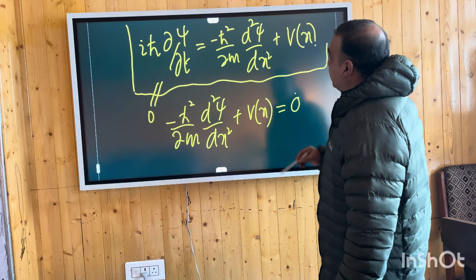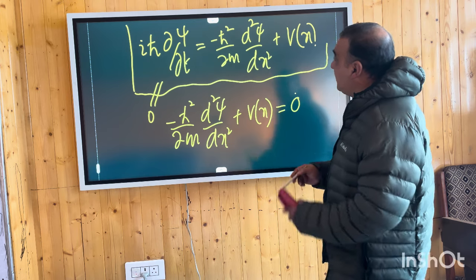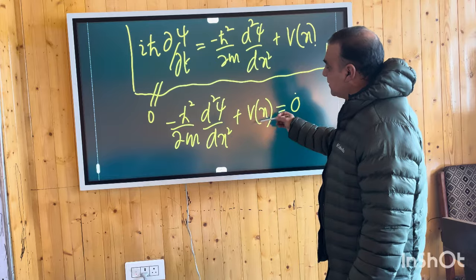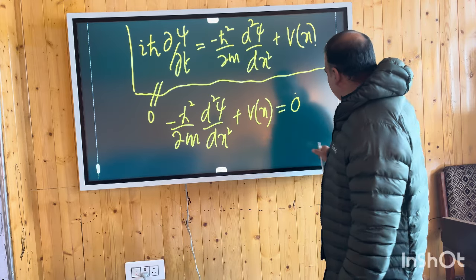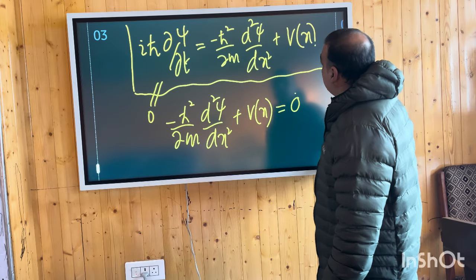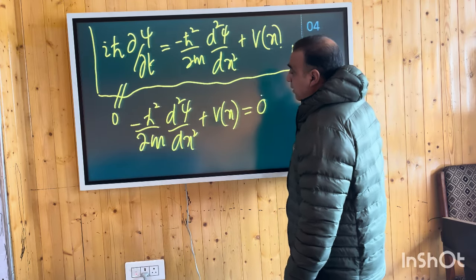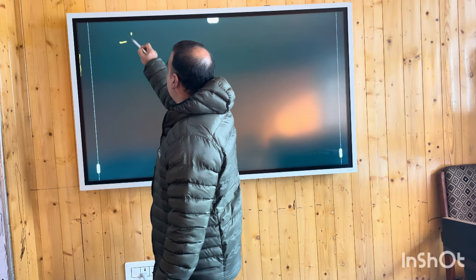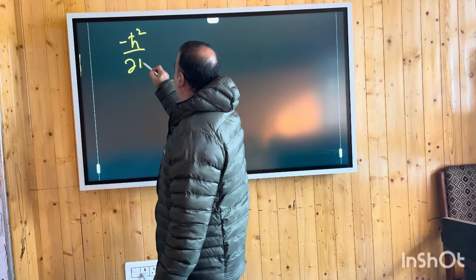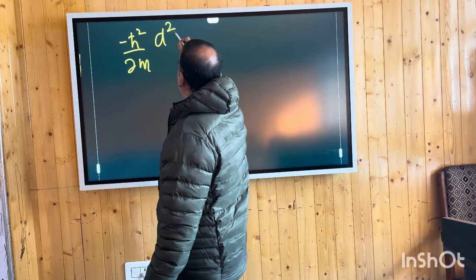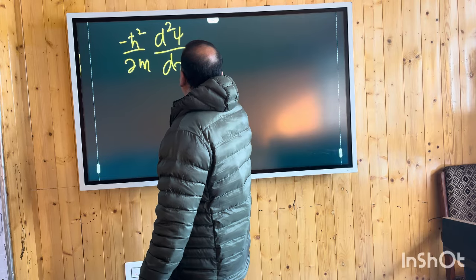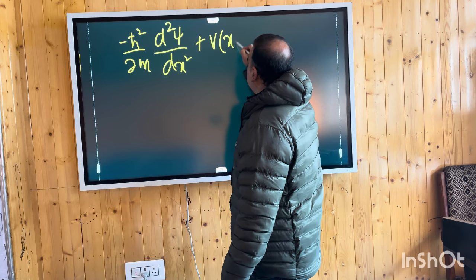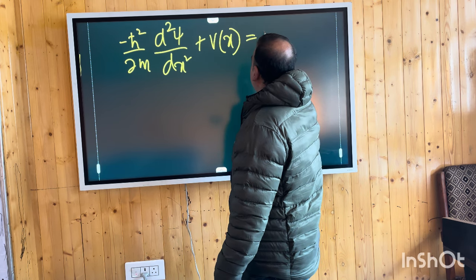Okay, so this is going to be equal to 0, and we can make certain transitions here. We have minus h bar squared by 2m, and then d2 psi by dx2, plus V of x equal to 0.